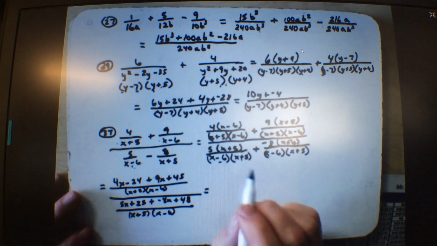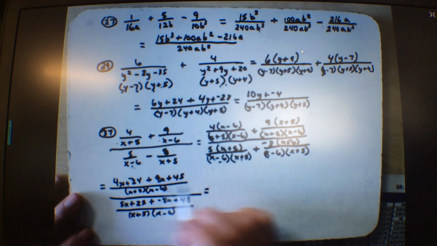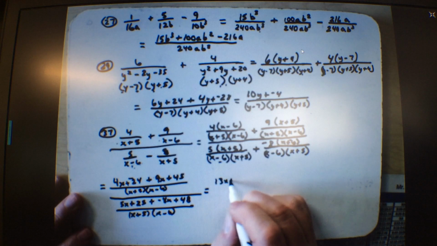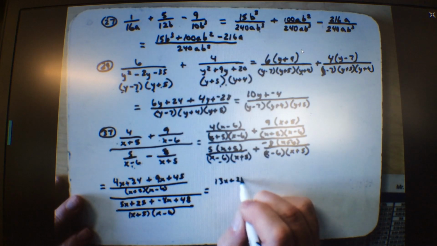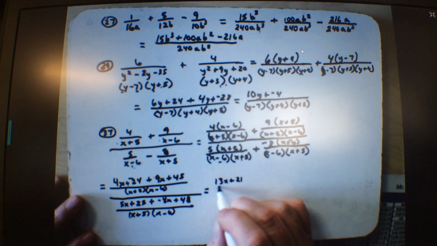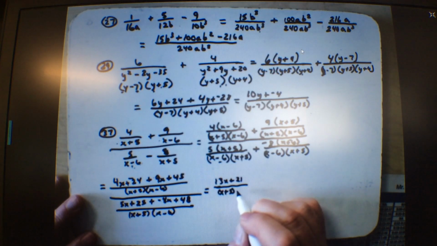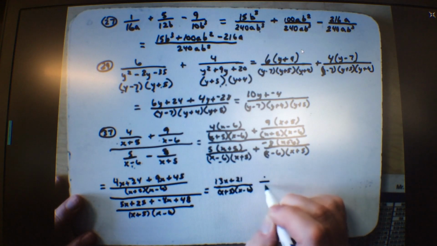Okay, on the top, 4x plus 9x is 13x, right? Plus, what's 45 plus a negative 24? 21. Over x plus 5 times x minus 6. Divided by, now, elementary.